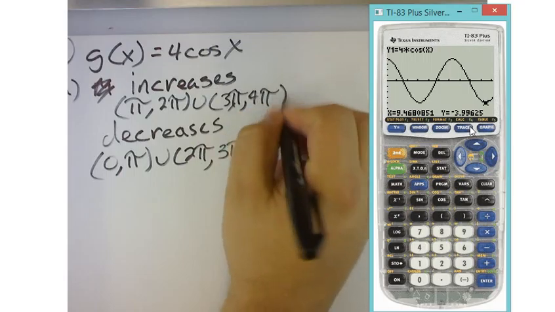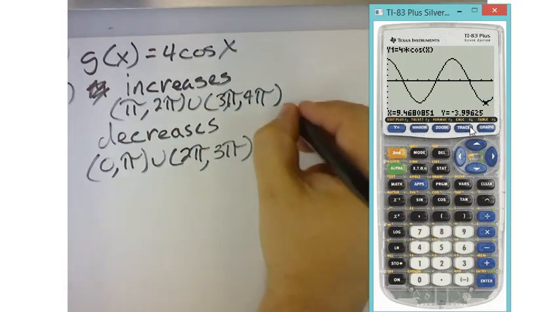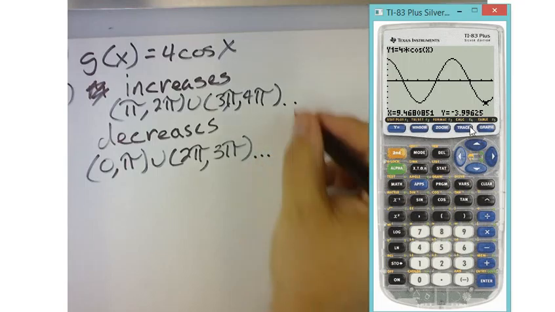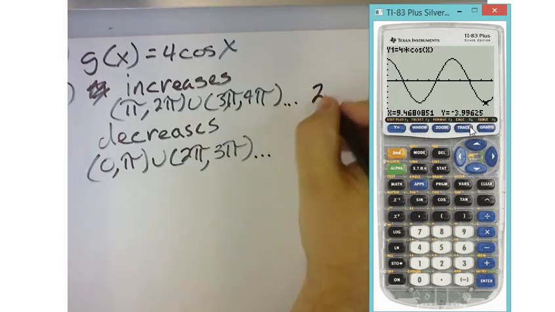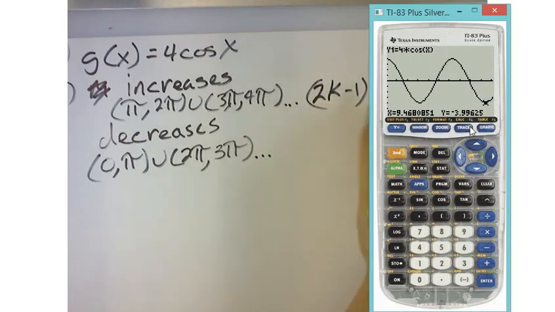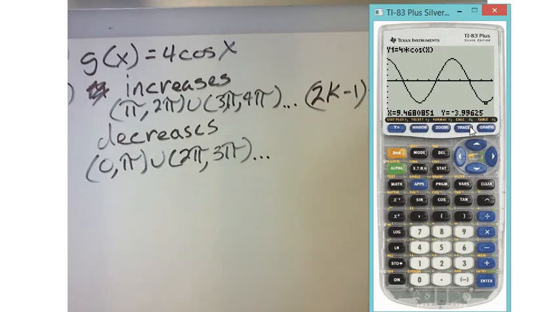Is there a shortcut way? Because it looks like it's going to keep doing that forever, right? So how would you do that? Could you say 2k minus 1 times pi, comma 2k pi?